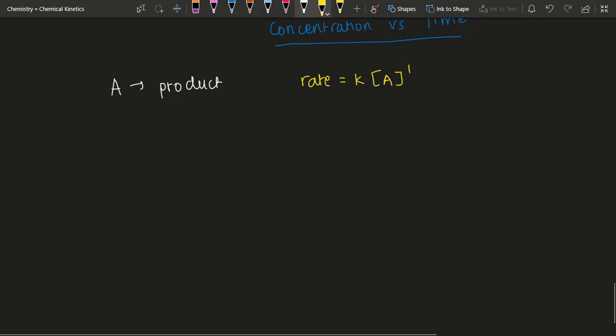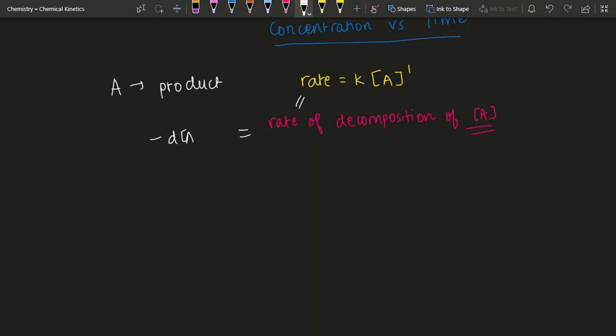Now we know that this reaction rate is equal to the rate of decomposition of A, or in other words, this is actually equal to the negative derivative of the concentration of A with respect to time.